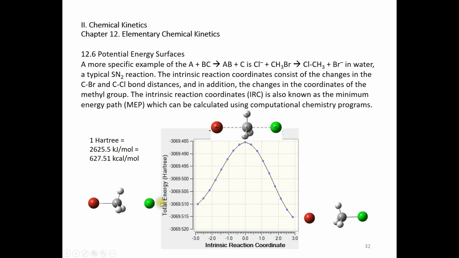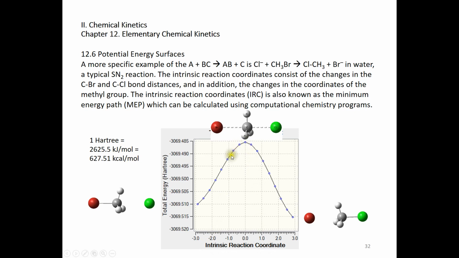And now you can see on the left hand side we have chloride and bromomethane. On the right side we have bromide and chloromethane. In the middle we have the transition state structure. So using a computational chemistry program, we can compute first the transition state and then do an intrinsic reaction coordinate calculation.